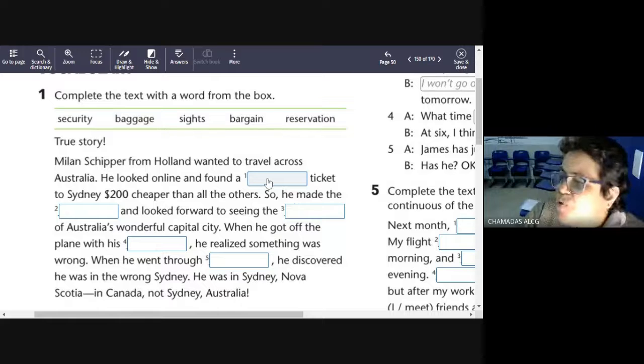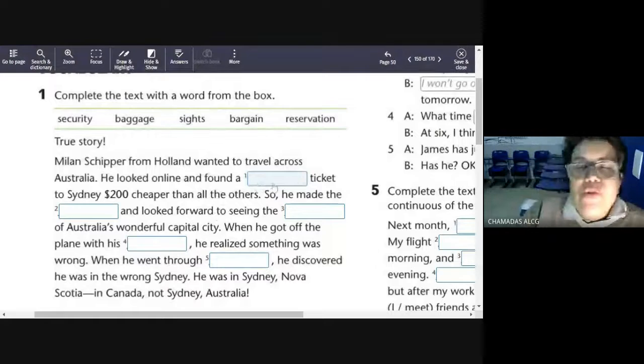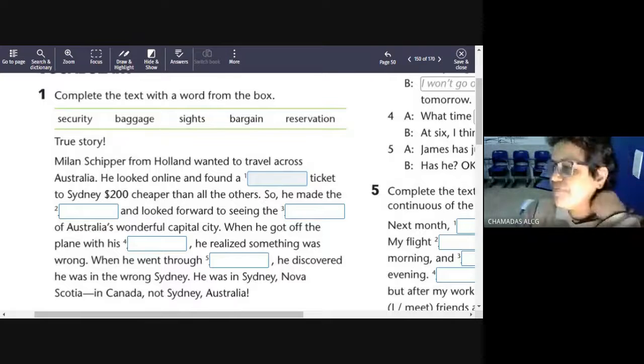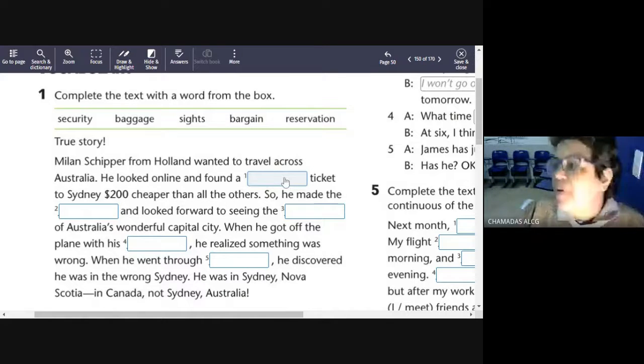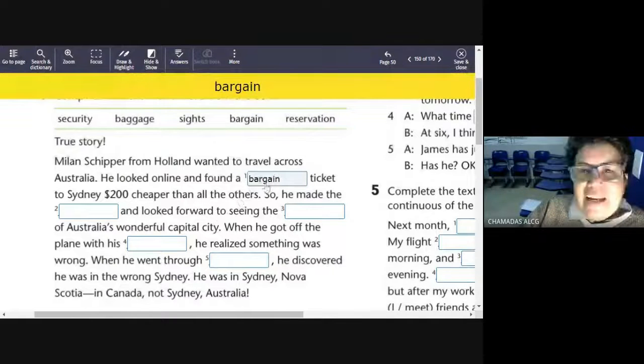Now, the first one, what do you think? What is the best word to use here before ticket? Look, here they say the ticket was $200. What did you say? Bargain, yeah. Bargain? Yes, you're right.